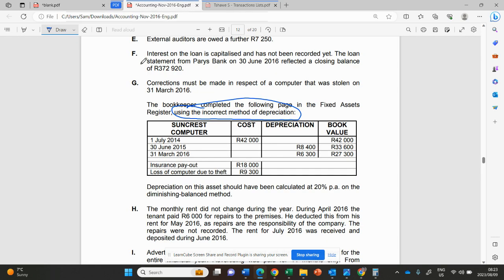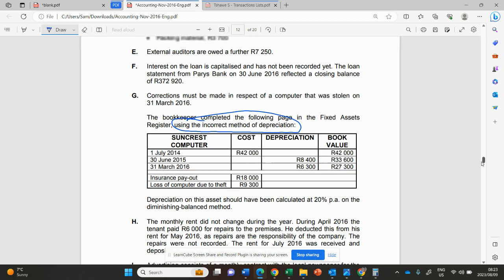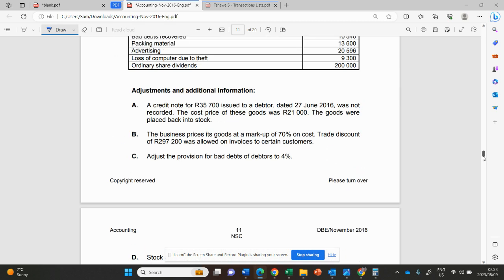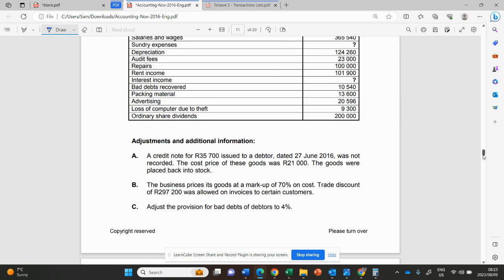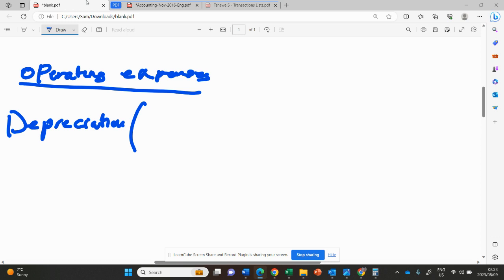You take the total depreciation that was calculated, which includes the incorrect figures. Let's check, this is 124 260.